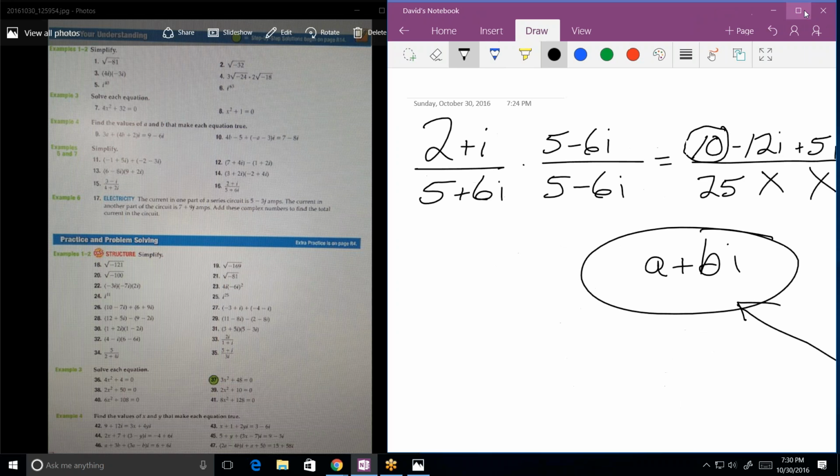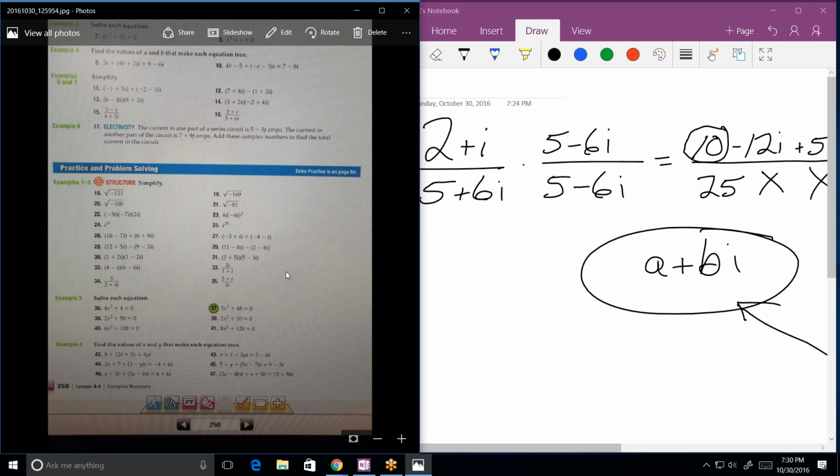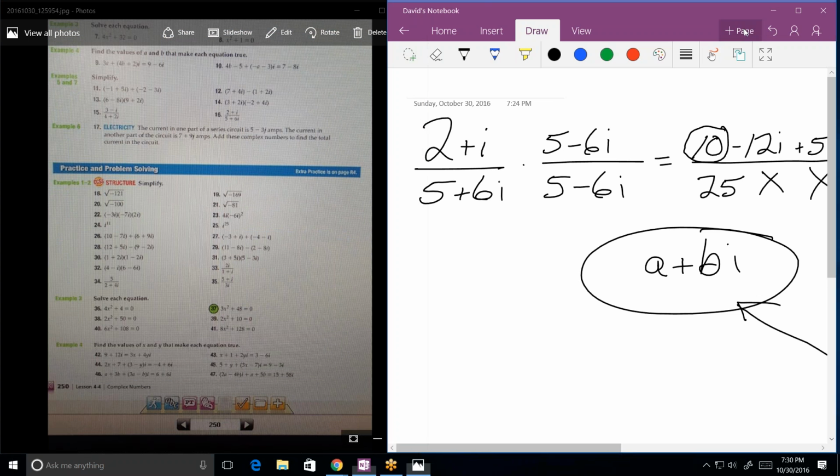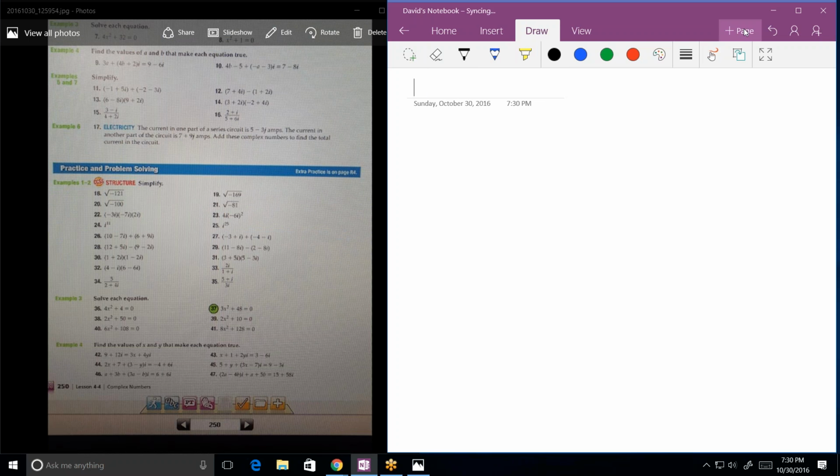Let's go back. What's the next one you have? Number 19, the square root of negative 169. Let's take an easy one for a moment. First step, always separate this into two things: the square root of negative 1 and the rest.